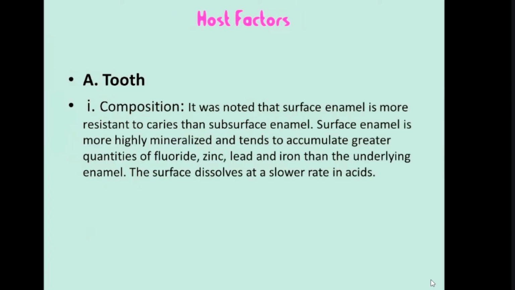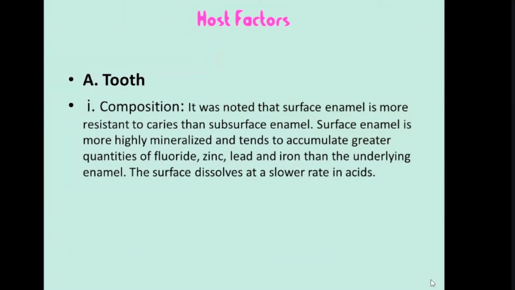Now we will go through the host factors one by one. For example, our first one is the tooth. Regarding tooth composition, it was noted that surface enamel is more resistant to caries than subsurface enamel, because the surface enamel has a fluoride layer.